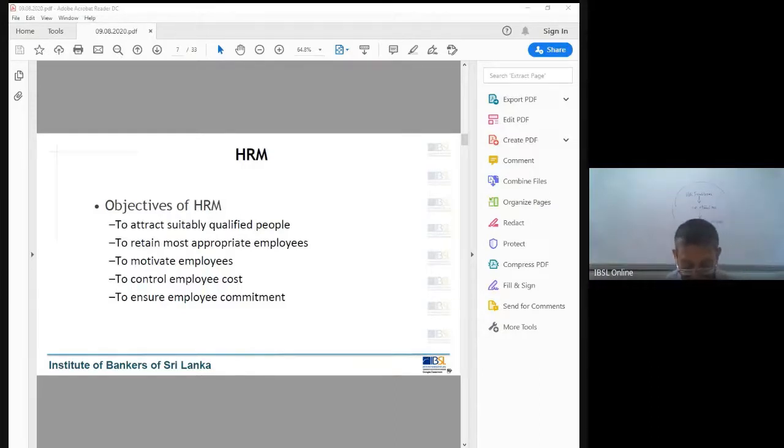After recruitment, you can cite recruitment and selection. You can write combined, recruitment stroke selection. Recruitment and selection are two different things. Recruitment means attract more people. From the people, the ones you are going to select, that is called selection.